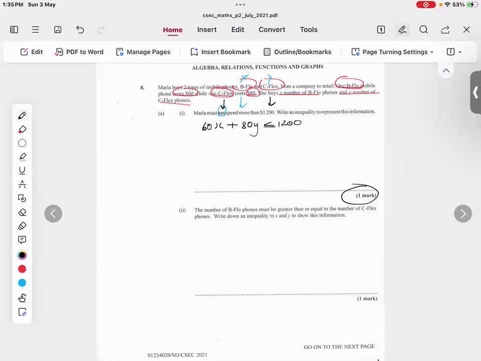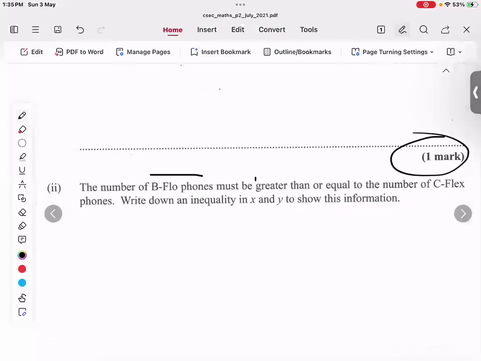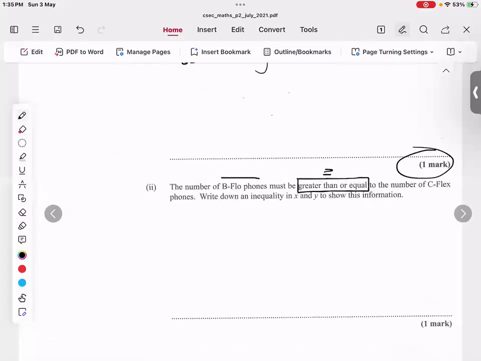The number of B-Flow phones. So any amount of B-Flow phones that was bought must be what? Look at this. Greater than or equal to. So we have that sign there. So what represents B-Flow phone? X. So X represents B-Flow phones, right?